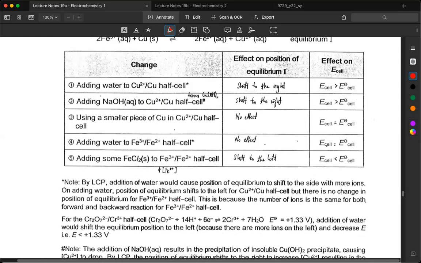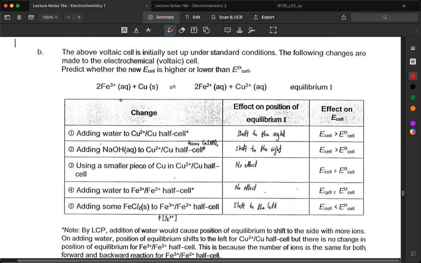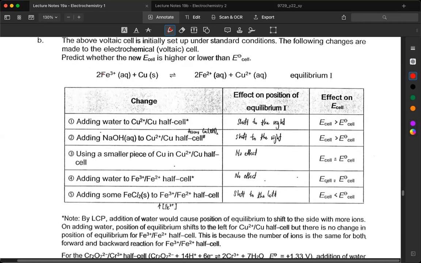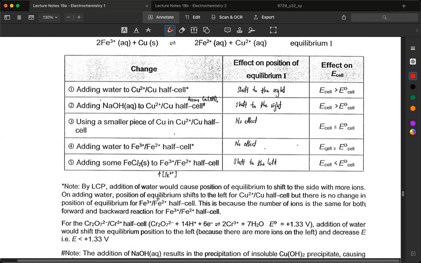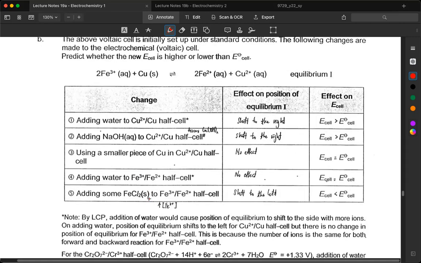Because adding water shifts to the side with more ions. So you have 2 ions here versus 3 ions here. So why does it shift to the right? It's because, on adding water, the position of equilibrium shifts to the left for copper 2+ and copper.